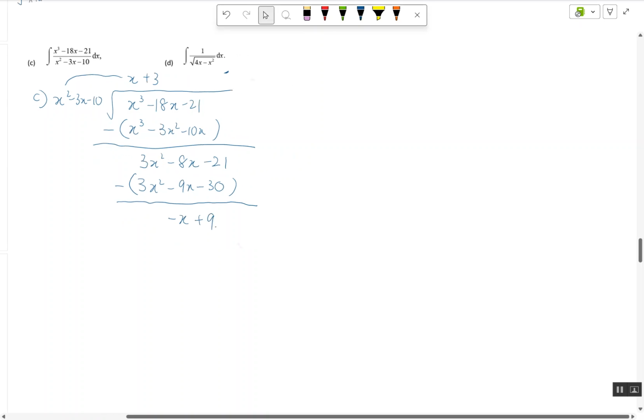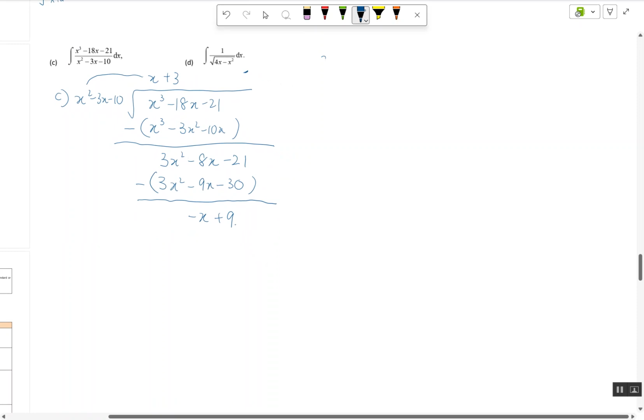Okay, so C is a lot more complicated because the integral of (x cubed minus 18x minus 21) over (x squared minus 3x minus 10) is going to equal quotient x plus 3, plus remainder negative x plus 9 over divisor.